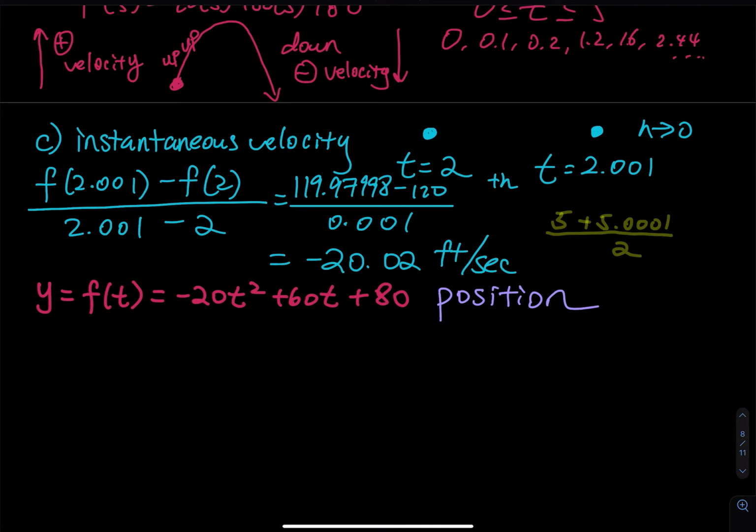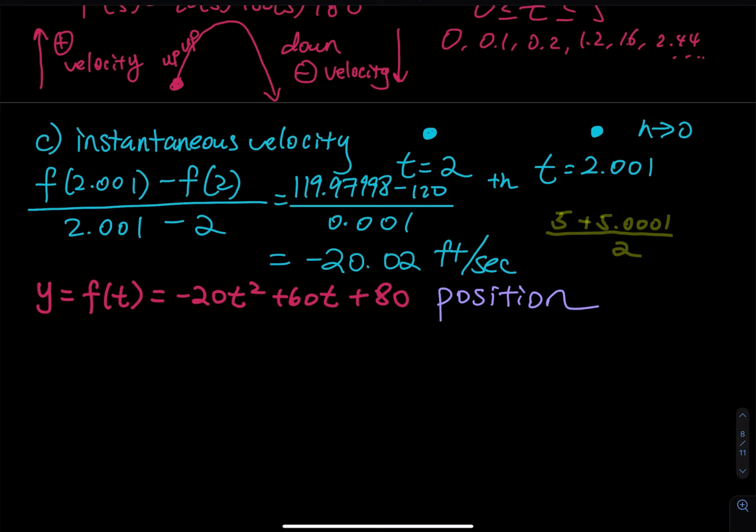Now, you are talking about average velocity and instantaneous velocity. For instantaneous velocity, if you check the previous video, I chose many different h and got many answers. At the end of the day, I said when h goes to 0, the instantaneous velocity equals such and such. When you make h so small, I'm sure the instantaneous velocity is approximately 20.